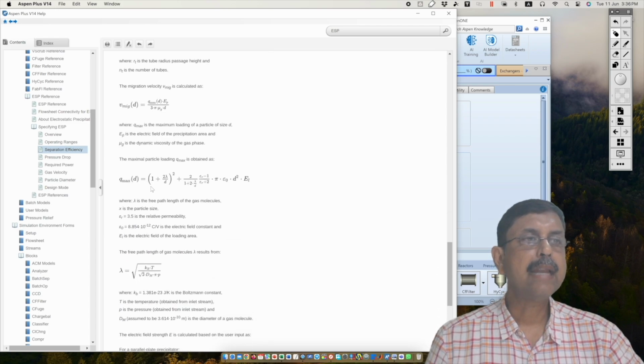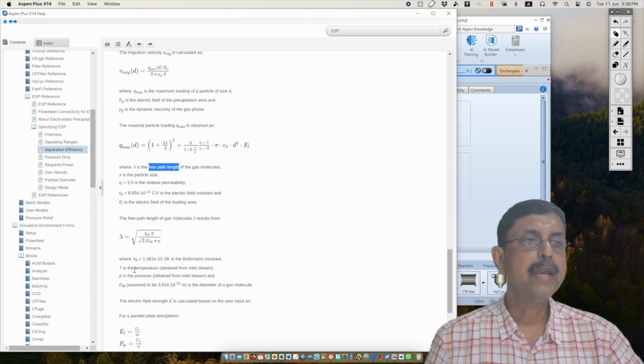Qmax is calculated from this big equation where you have lambda, that is the free path length of the gas molecule, which will further be calculated from here, where Kb is the Boltzmann constant and dm is assumed to be 3.64 times 10 to the power minus 10. That is the diameter of the gas molecule. P is the pressure, T is the temperature of the inlet stream.